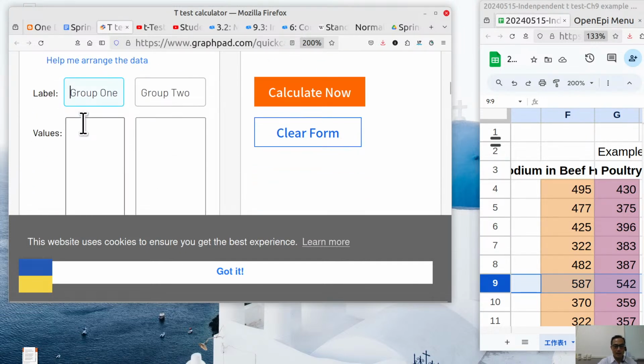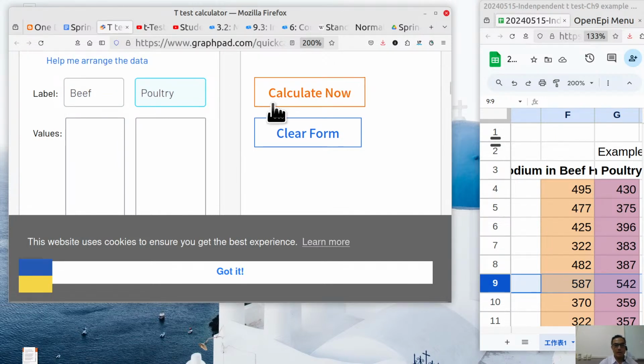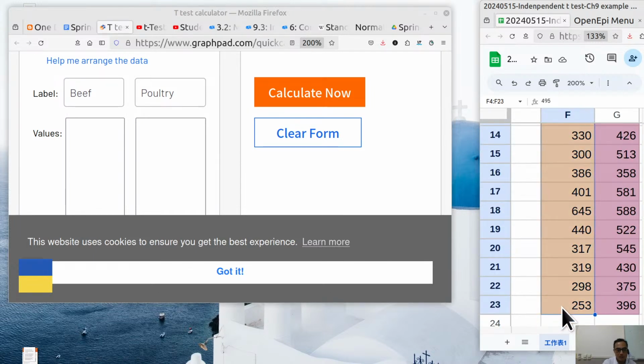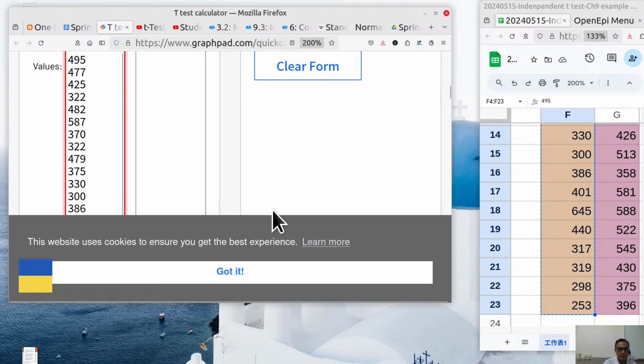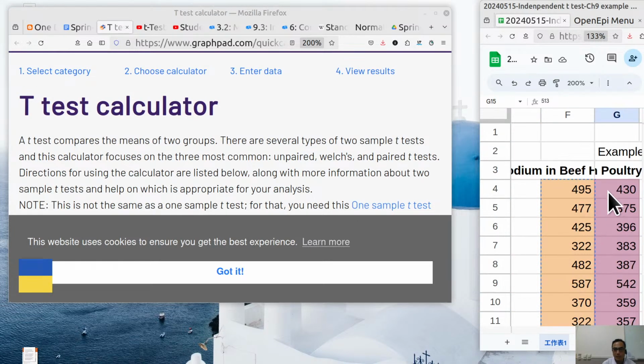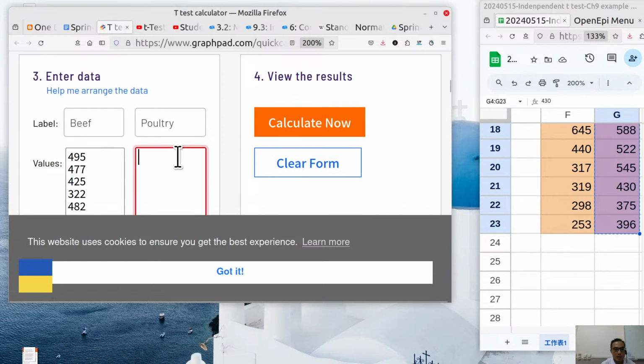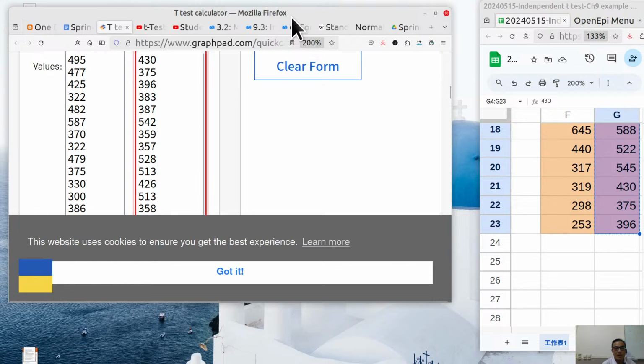Here, group 1, that is beef. The second group is poultry. Okay, and the information here, I just select and copy. Here, the second group, select Control C to copy, Control V to paste.